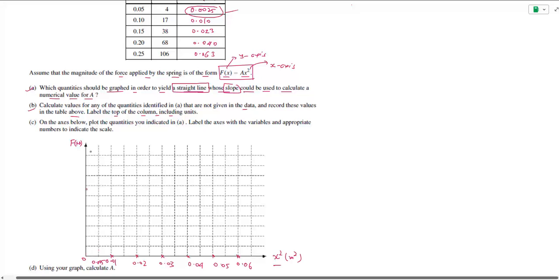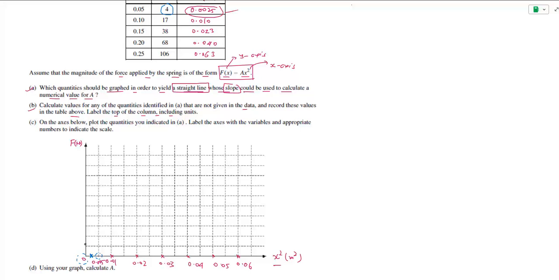If I want to locate this point, 0.0025, it must be somewhere in the middle of 0 and 0.005, and the corresponding value of force is 4.